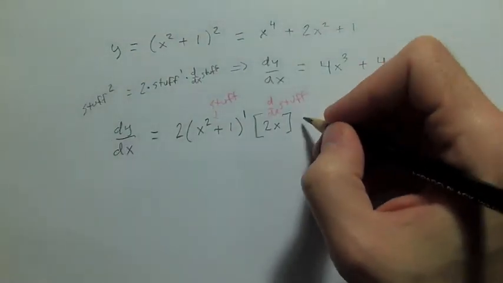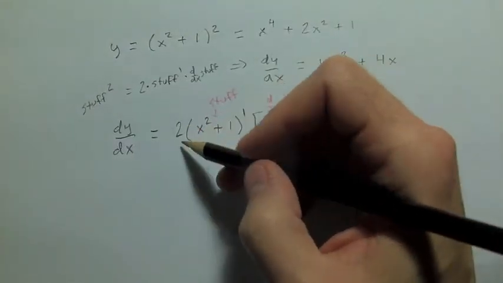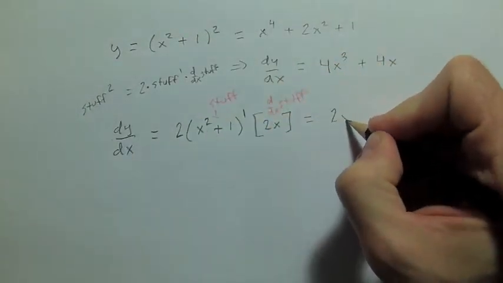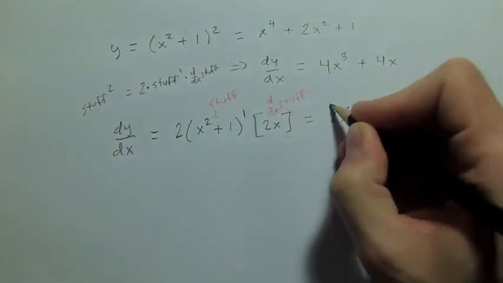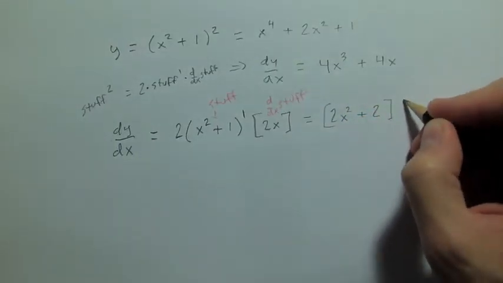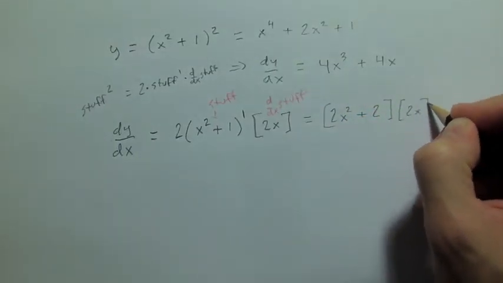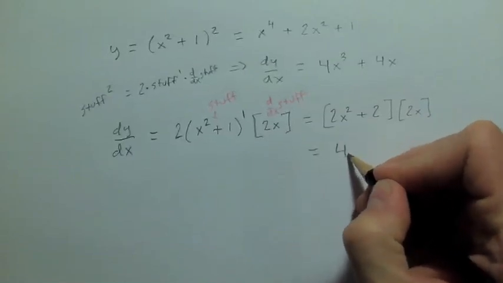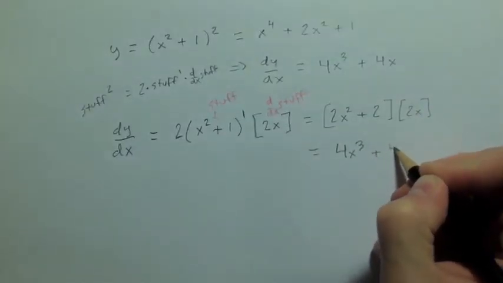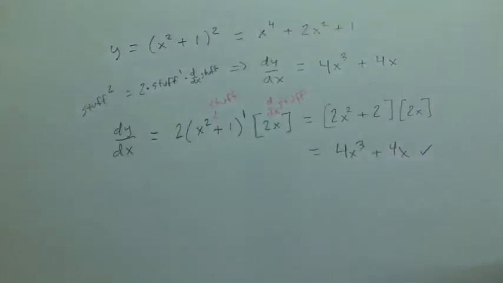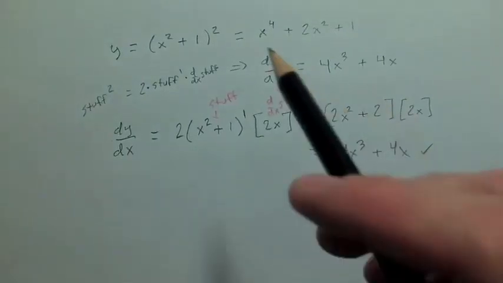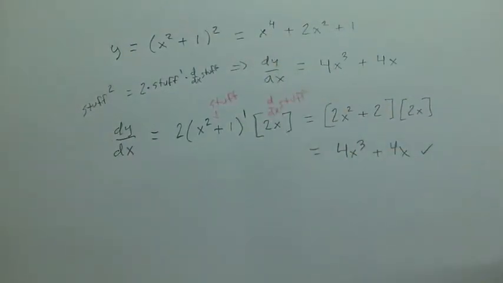All right? So if we simplified this out, say I distributed this 2 across, I get 2x squared plus 2, okay, times 2x, and when you multiply that all the way out, you get 4x cubed plus 4x. So we actually got the same thing as we would expanding and then using the power rule.